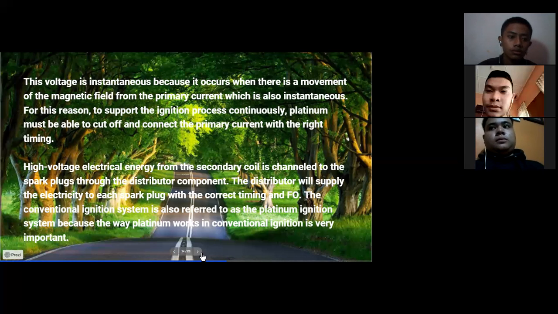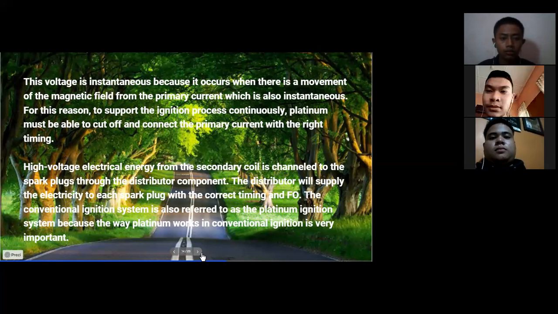For this reason, to support the ignition process continually, the platinum contact must be able to cut off the primary current with the right timing. High voltage electrical energy from the secondary coil is channeled to the spark plugs through the distributor component.